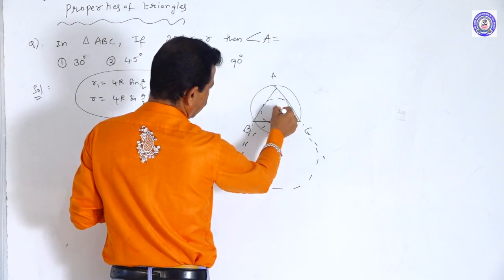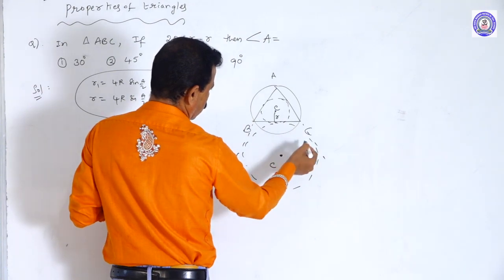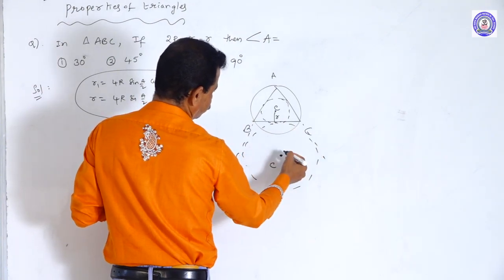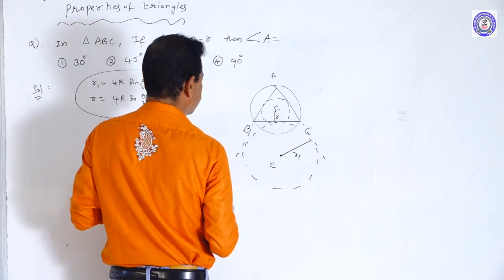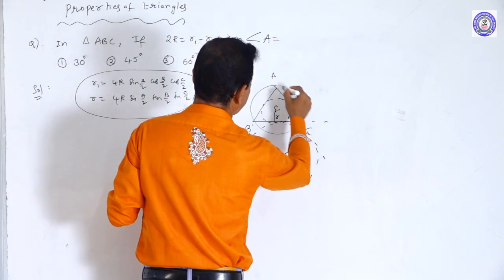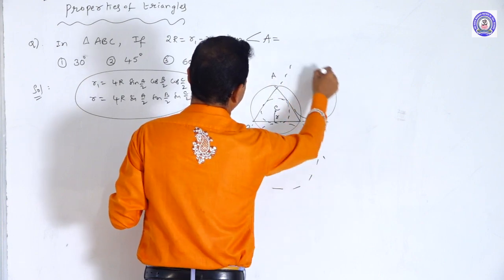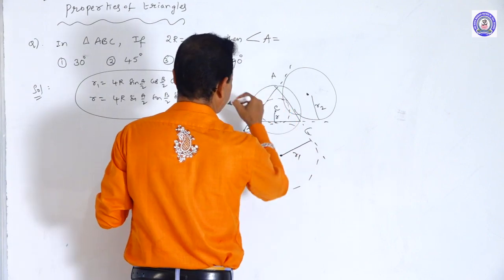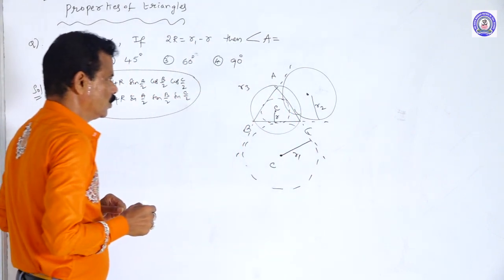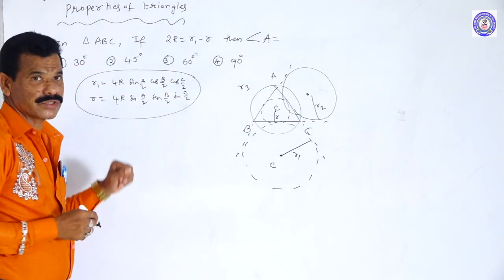This is R1. And here another circle, the excircle, is formed. This is R2, on this side. The relation is like this.